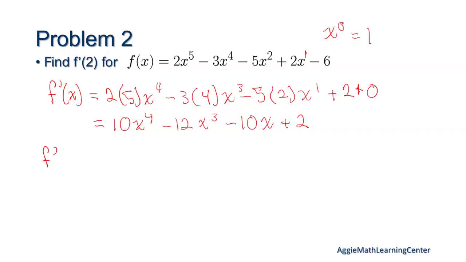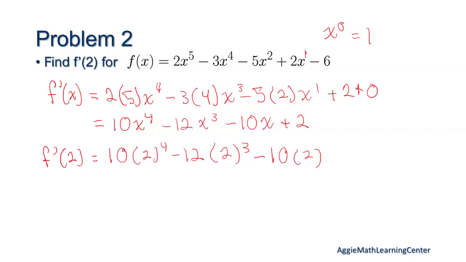So now that we have our derivative, we just have to evaluate it at 2. Everywhere there's an x, we're just going to plug in a 2. While I'm doing this, think what 2 to the 4th is. Okay, what did our brains or calculators tell us? 16.